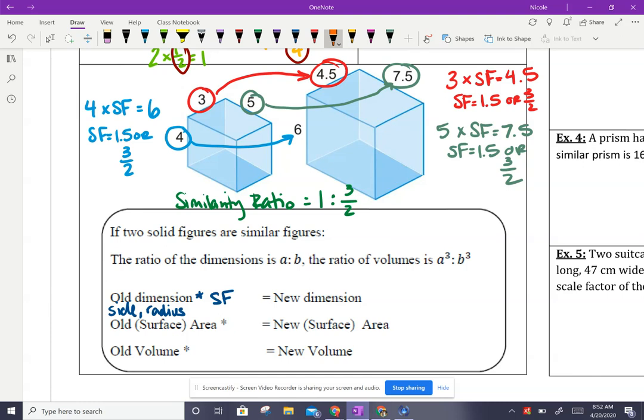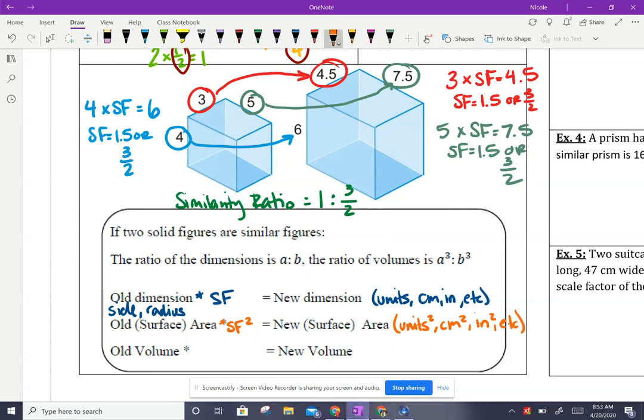For your surface area or area, remember we did scale factor squared to get your new surface area, because this is in units, centimeters, inches, etc. When you're doing surface area, you've got units squared, centimeters squared, inches squared, etc. I can't write today.